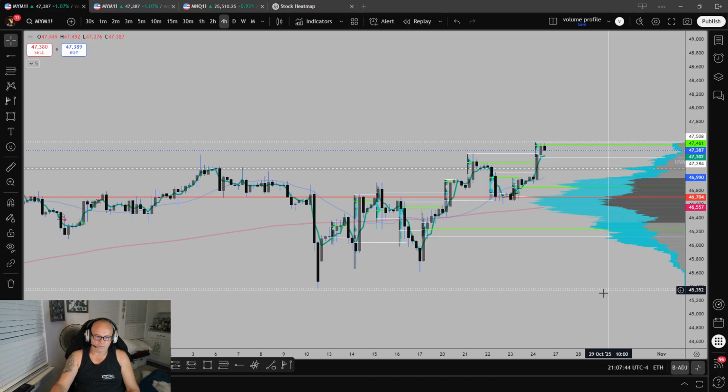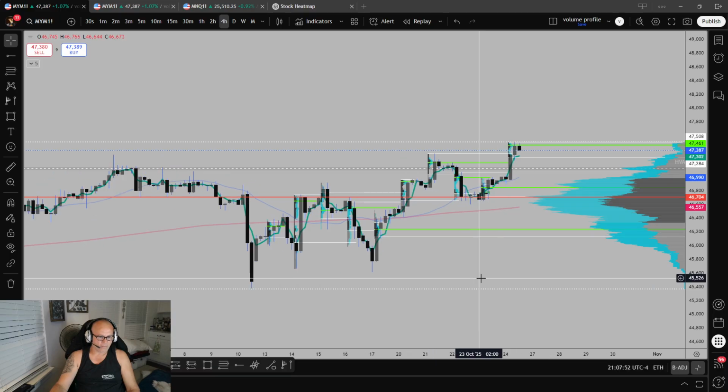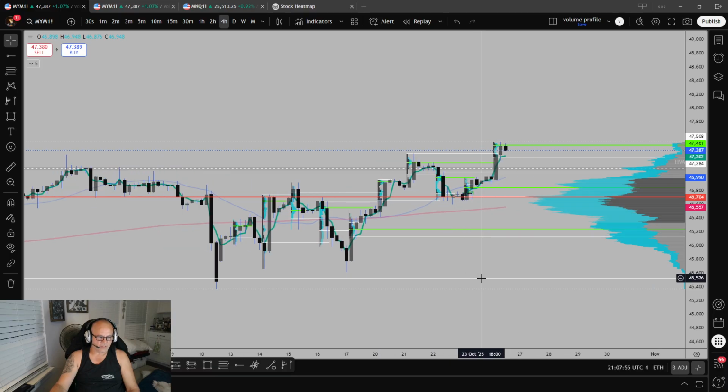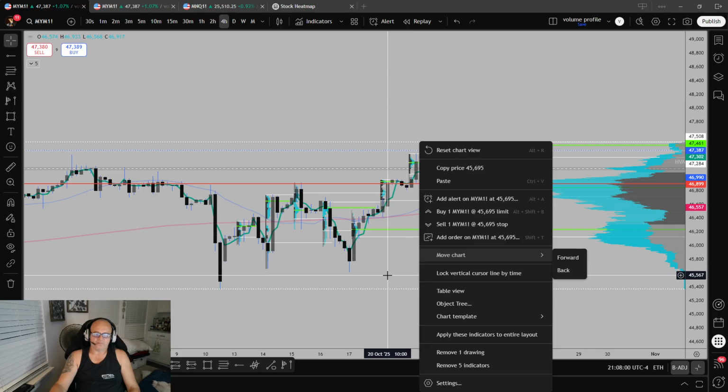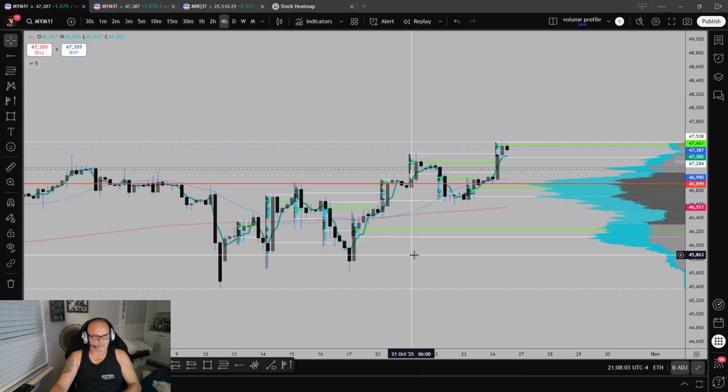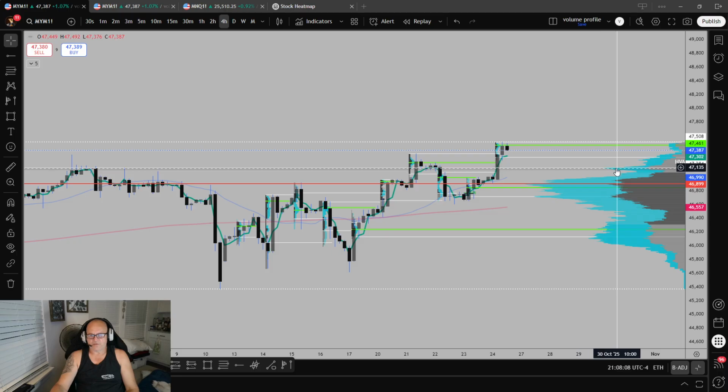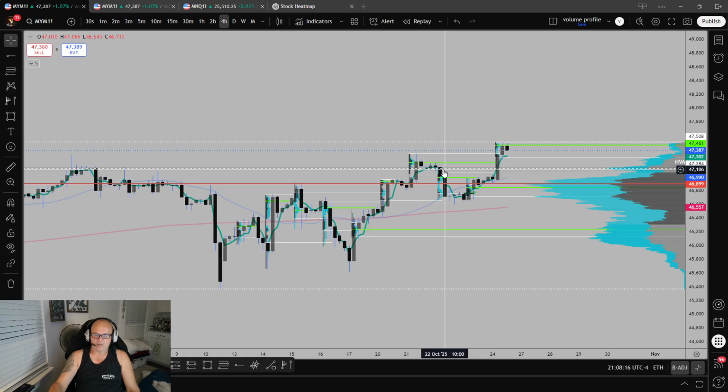Okay, so in the more recent time frame, no, that is still the monthly, basically right there. We have this area here to deal with. So this area right here is something that I'm looking at as an area of price action where I would definitely want to be trading.